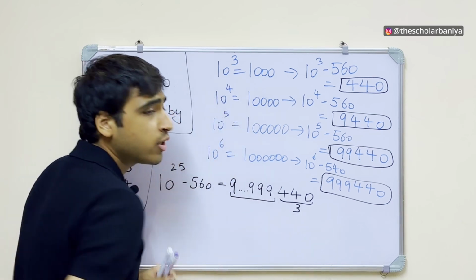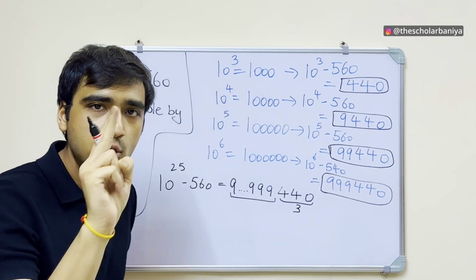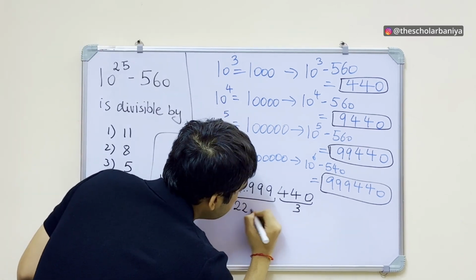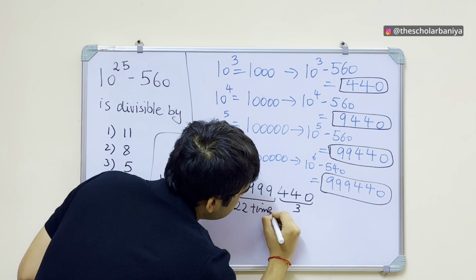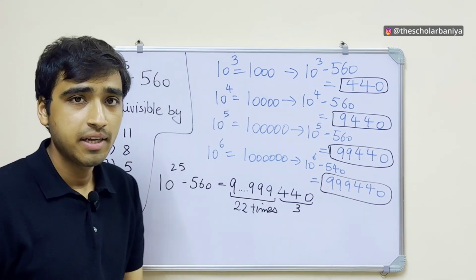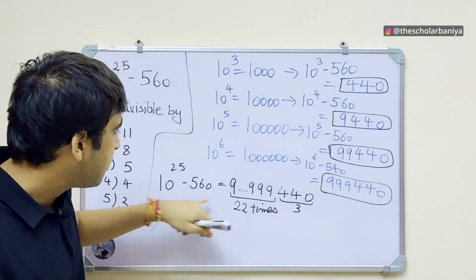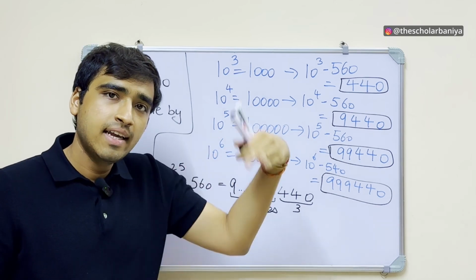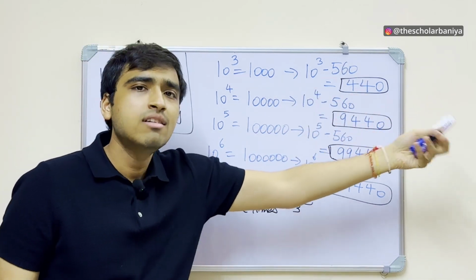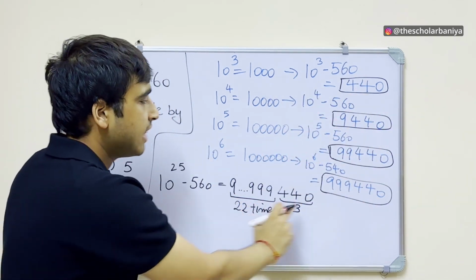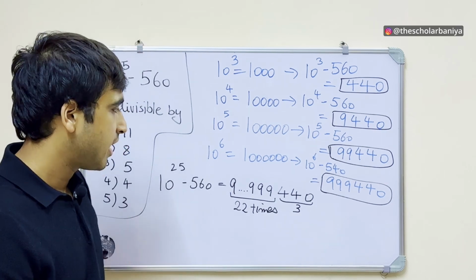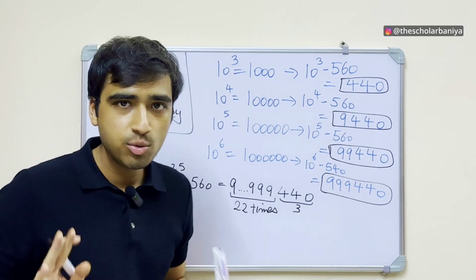So that means the number of 9s will be 22. So this will become 9 repeated 22 times and then 440. I hope this should be absolutely fine.